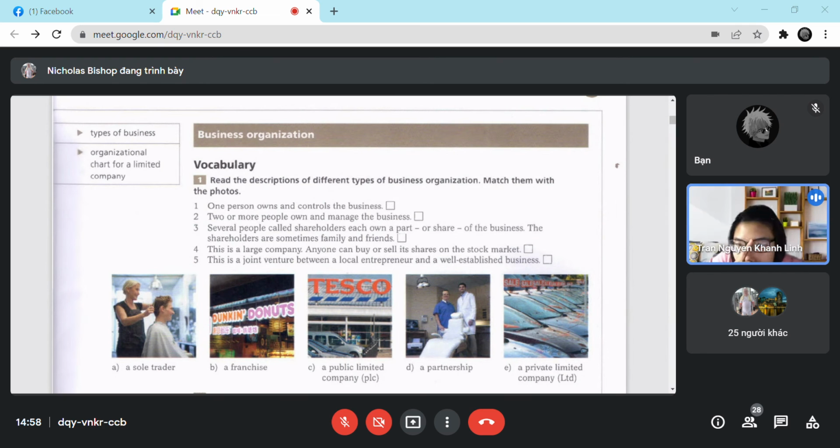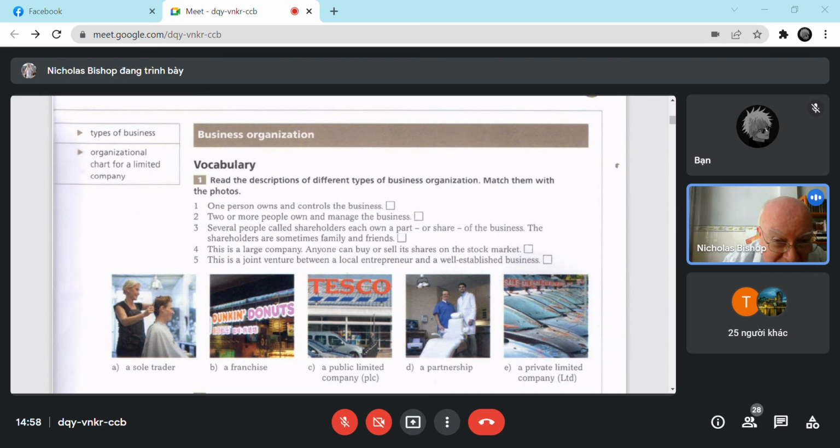For me, I think it's a private limited company, because they say the shareholders are sometimes family and friends. Yeah. So that is the next step: sole trader, partnership, private limited company.